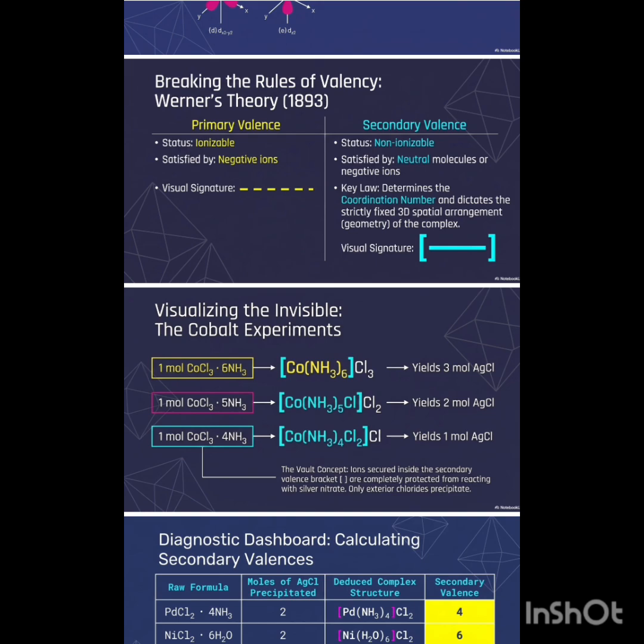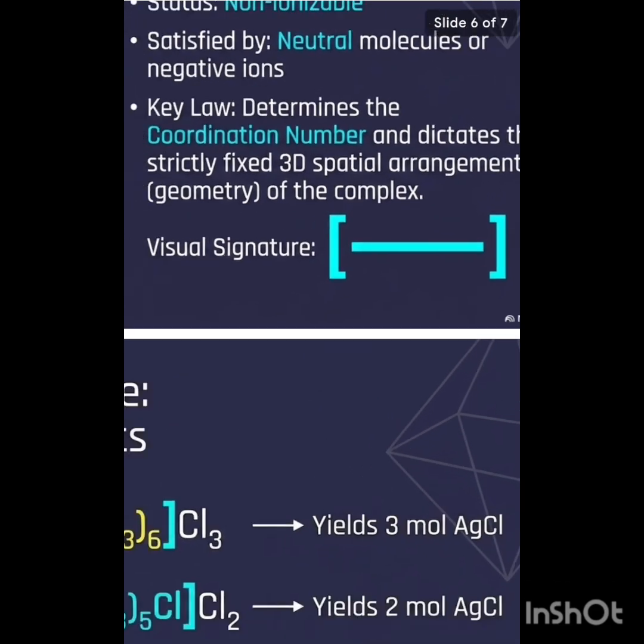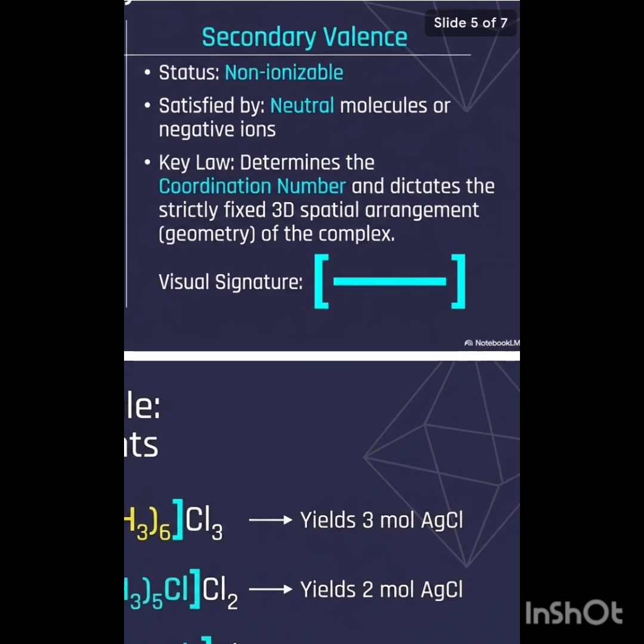Whereas secondary valency is non-ionizable, satisfied by neutral molecules or negative ions. Based on that secondary valency, the coordination number is arrived at, and based on the coordination number, it has 3D spatial arrangements.